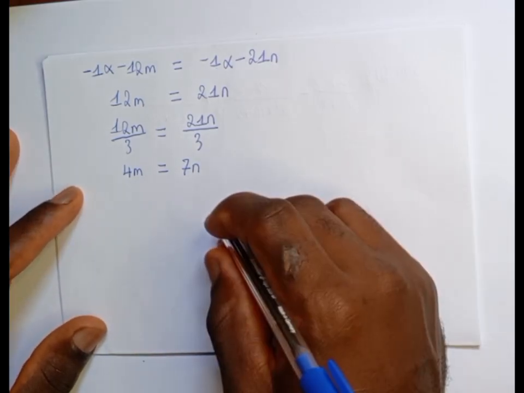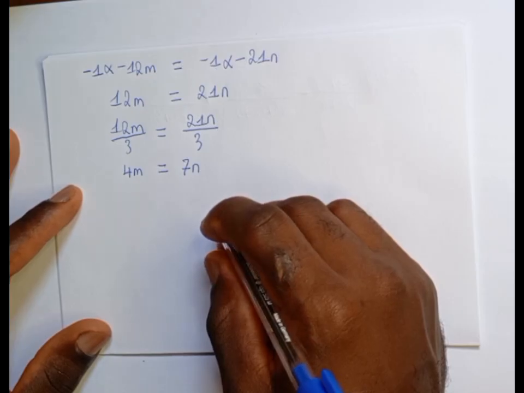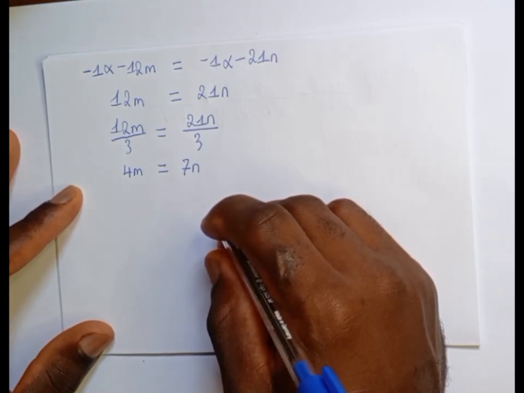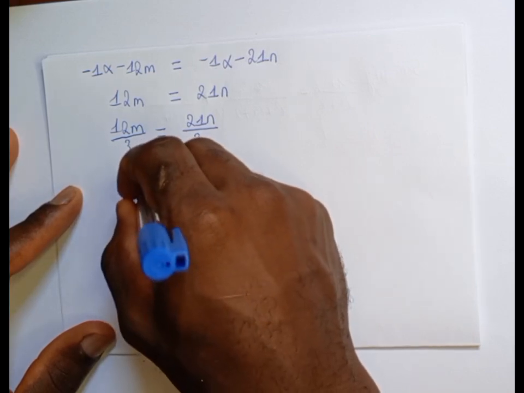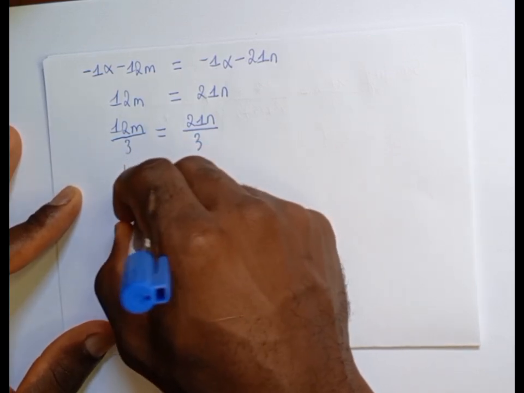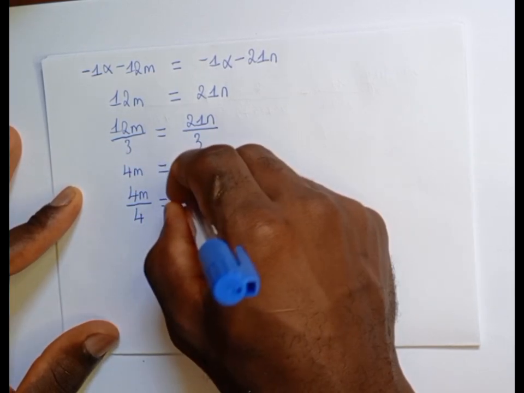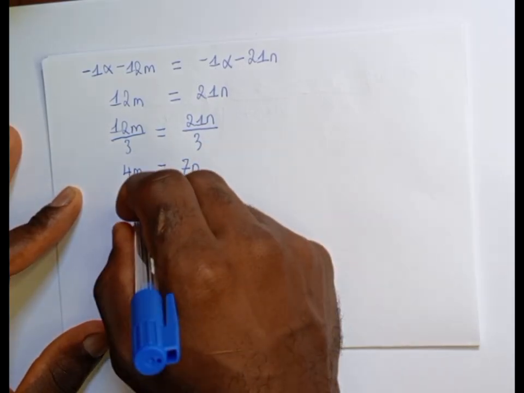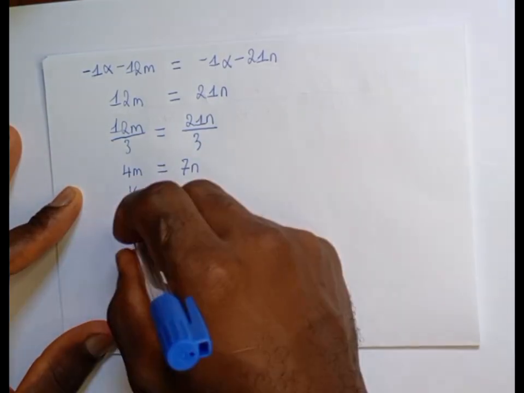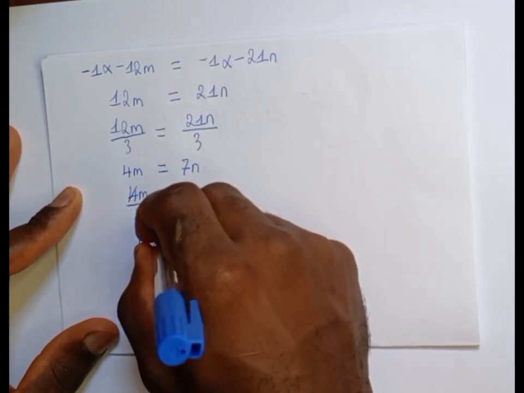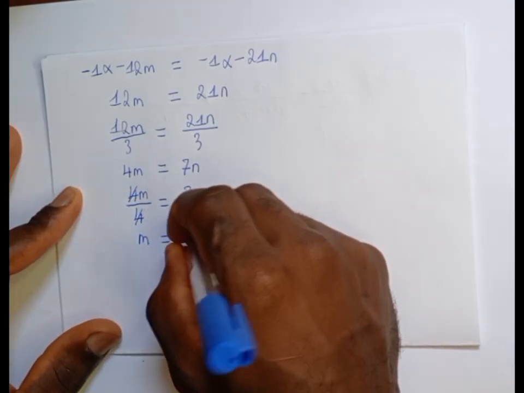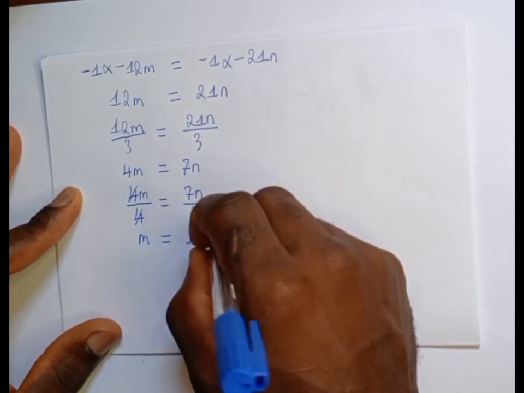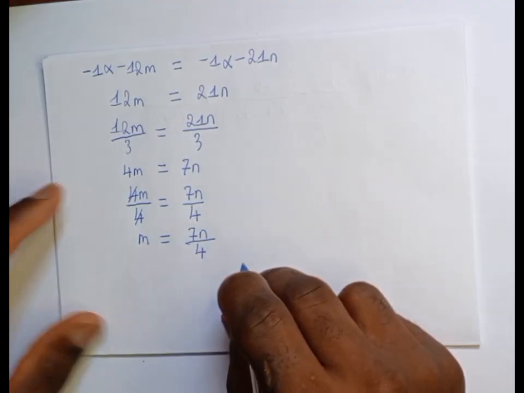The next step, we are going to divide all through by 4, the coefficient of m. 4m divided by 4 is equal to 7n divided by 4. 4 will strike off 4, we'll be left with m equal to 7n all over 4.